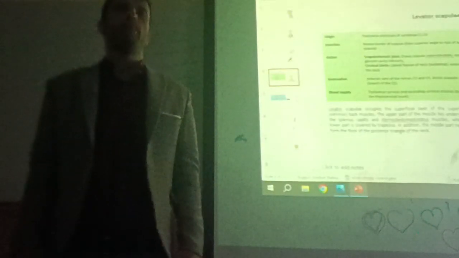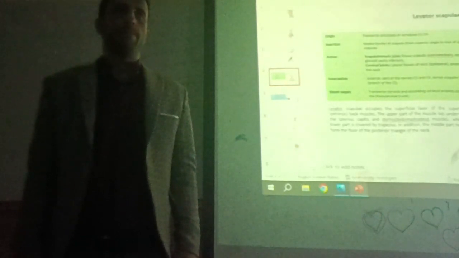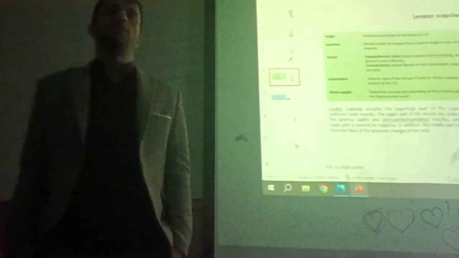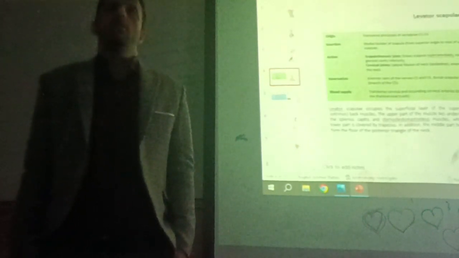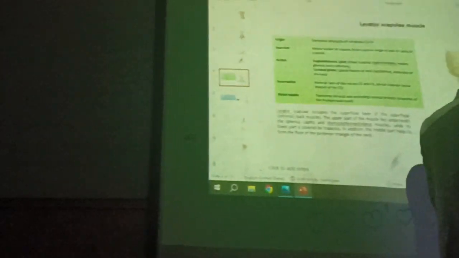But if the muscles of both sides are constricted, what is the function? Retraction of the head and some depression of the head.